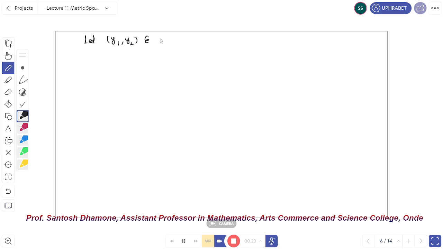This is greater than 3 into the value of y1, which is p1 minus r, plus 4 into the value of y2, which is p2 minus r, which is greater than 3p1 plus 4p2 minus 7r. Okay, 3p1 minus 3r plus 4p2 minus 4r; 3r plus 4r is 7r.